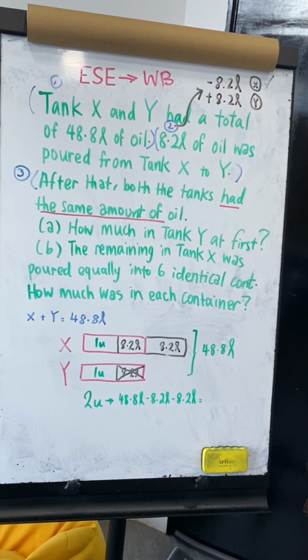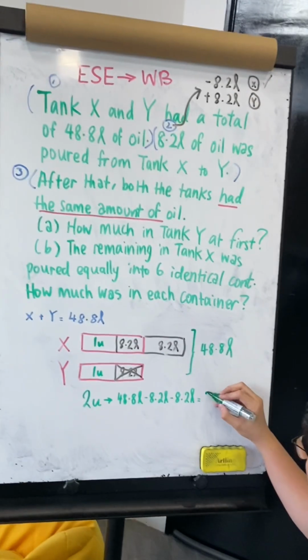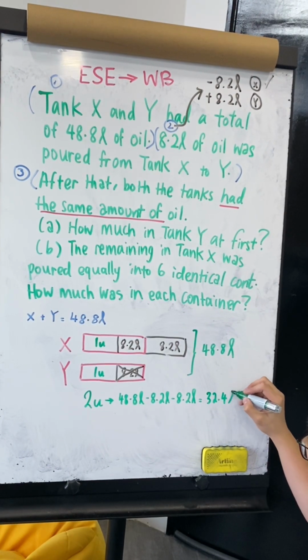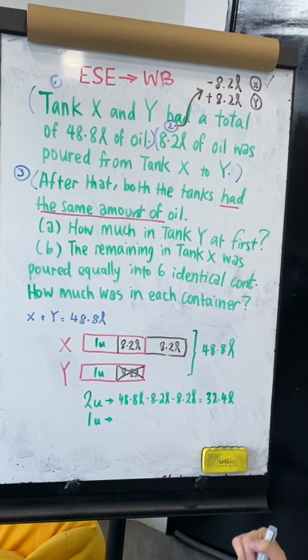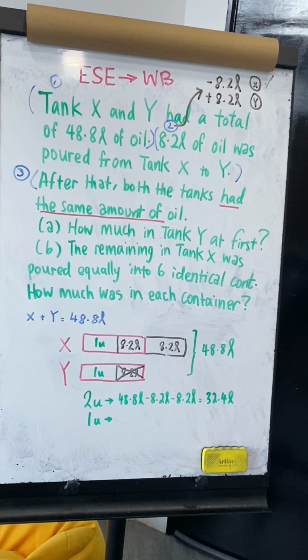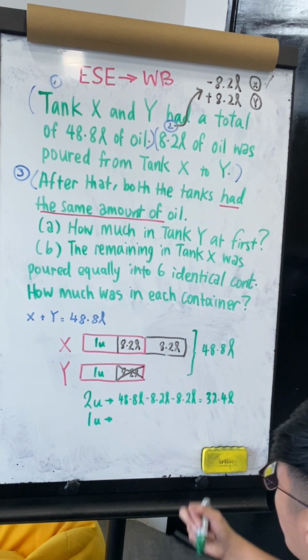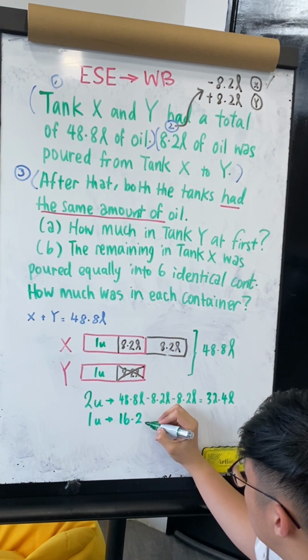Punch your calculator, you will get the answer of 32.4 liters. Find 1 unit. What is 1 unit? 1 unit is 32.4 divided by 2. So we will get our answer of 16.2 liters.